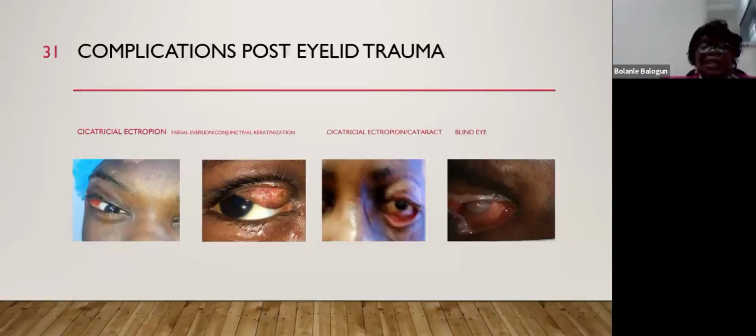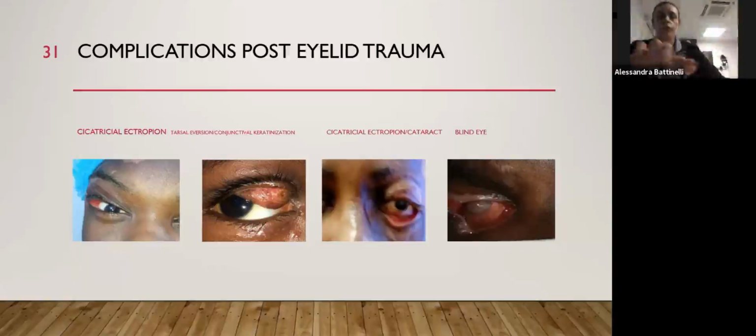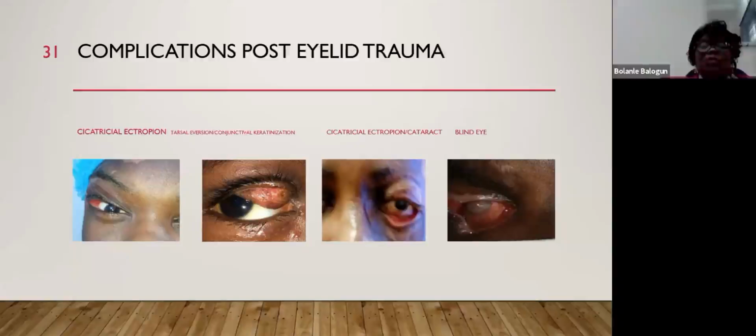So in this kind of patient, you want to soften the keratinization first. You advise the patient to use ointment over a period of time, and then when you do the surgery, it's better to protect the cornea with a bandage contact lens at the initial stage.